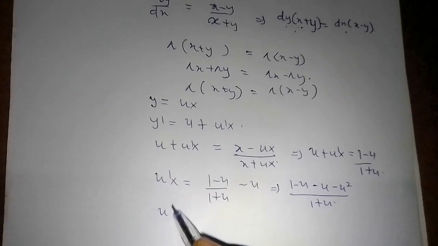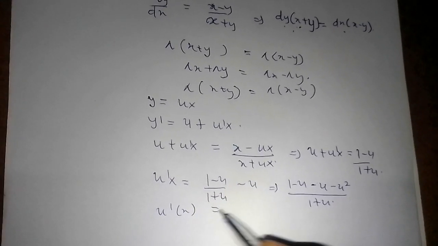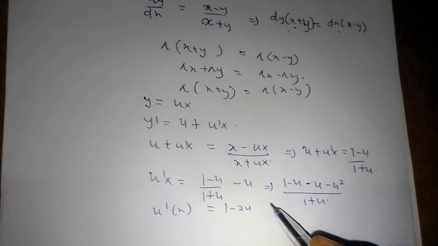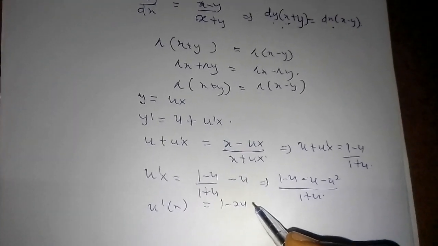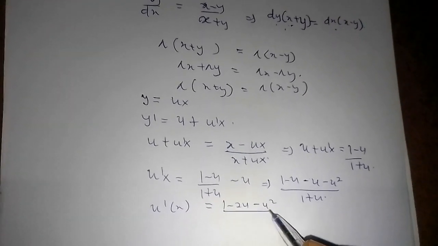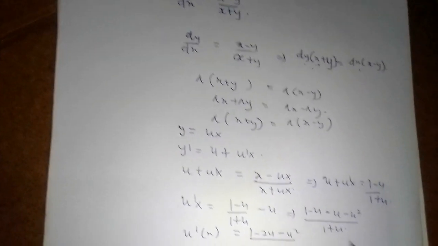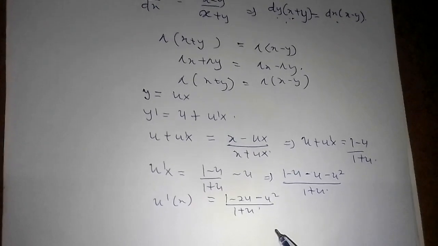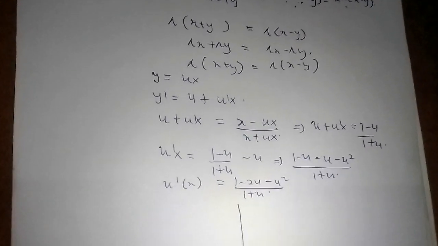So we get u prime x to be equal to (1 minus 2u minus u squared) all over (1 plus u). At this point, let me divide my working space.